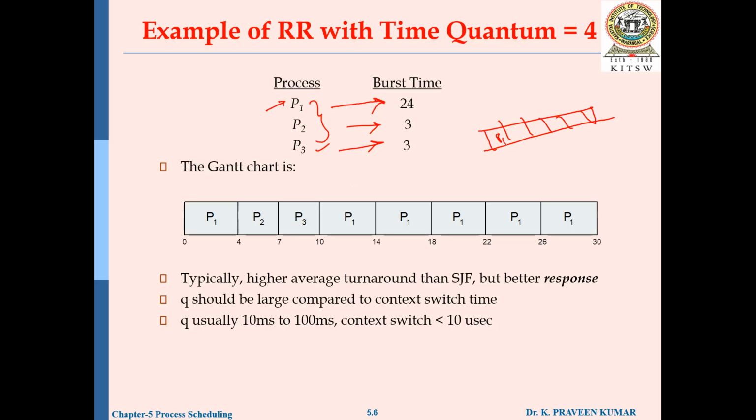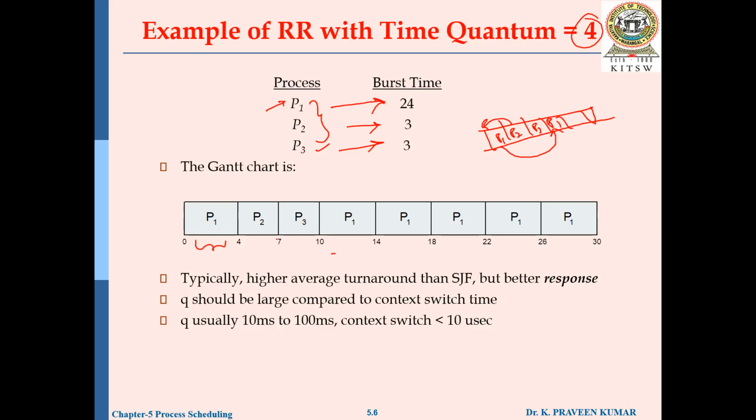Process 1 is first, and the quantum time for process 1 is 4. So process 1 takes 4 units of time. Immediately process 1 is preempted, process 2 enters the CPU, and process 1 is kept in the ready queue.